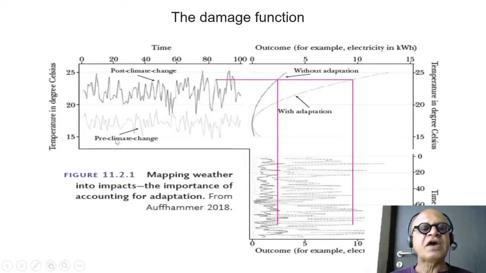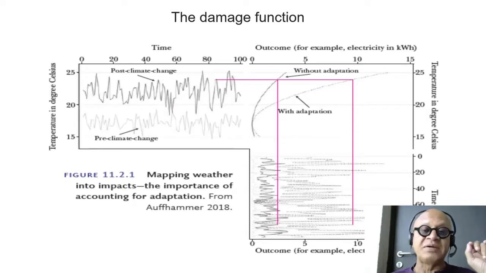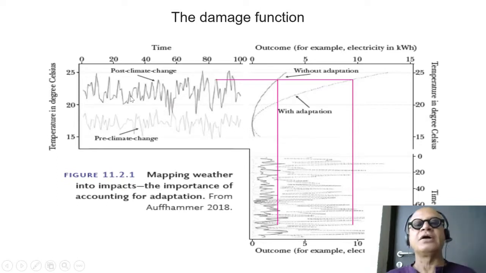So let's say we have a pre-climate change variability shown in a gray line below, and climate change happens over a certain number of years where you are trying to estimate the cost of the additional ton of CO2 which caused this climate change, temperature change. Not only has temperature gone up, but it has also become more variable in this case.